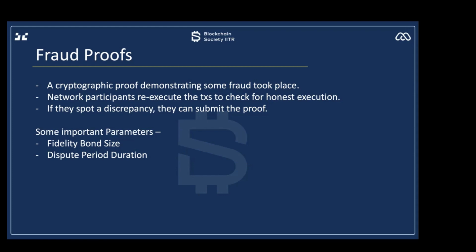If the issue is false, the fidelity bond the verifier provided will be slashed. And if the issue is correct, in the same way, the sequencer will be slashed of some of its fidelity bond, and that will be distributed among the verifiers. So this is the fidelity bond. The size can be determined depending upon the rollup.